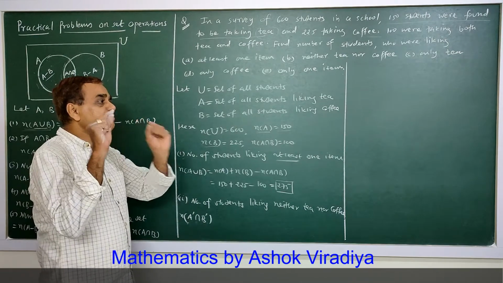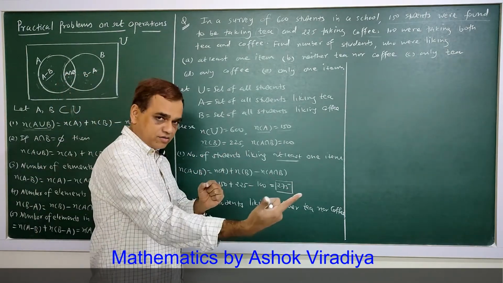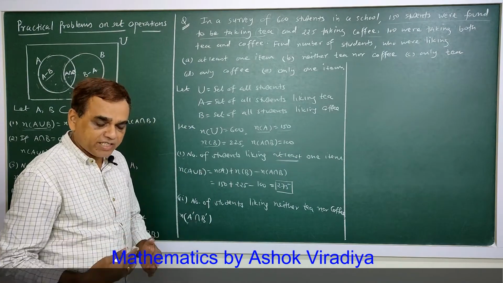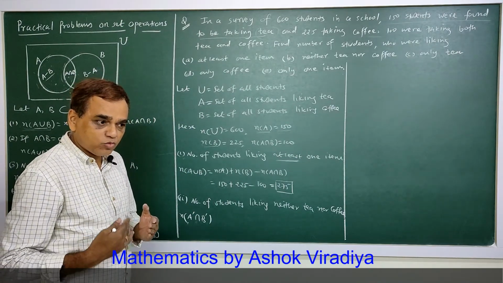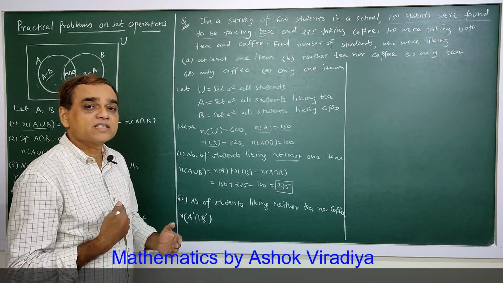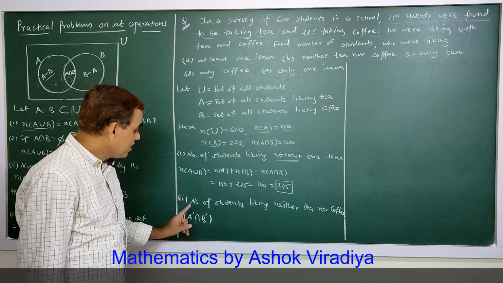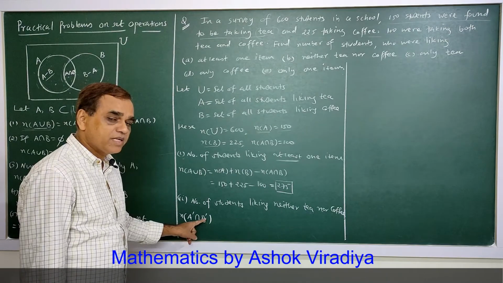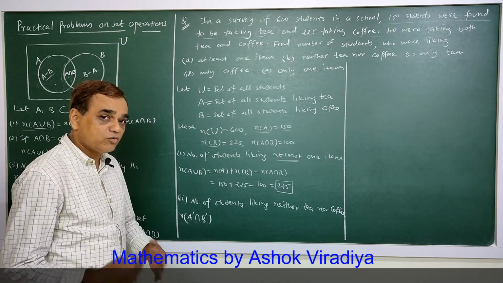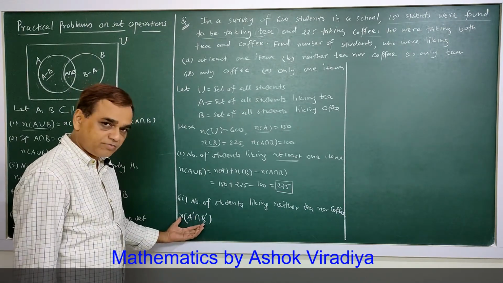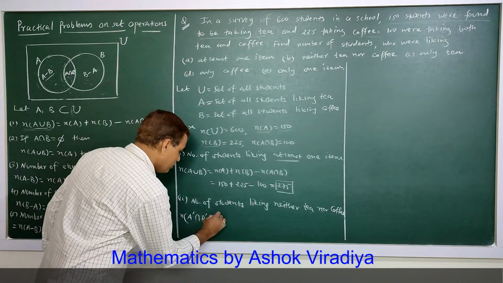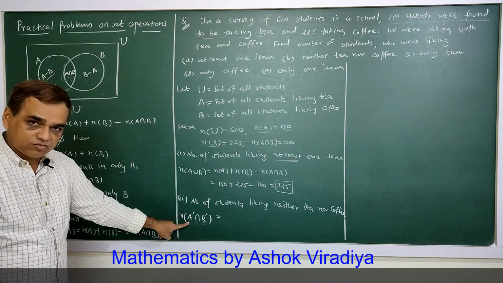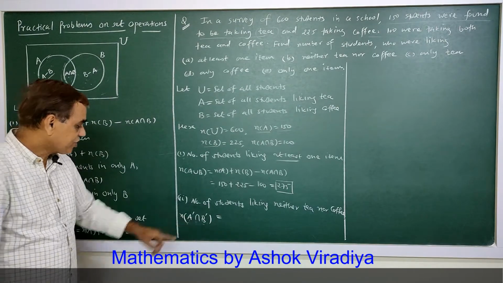So whenever you are given the words neither nor, that means the elements belong to neither of the sets, that is, they belong to the complement of A and the complement of B. So this is equal to, now here we use De Morgan's law, A dash intersection B dash.